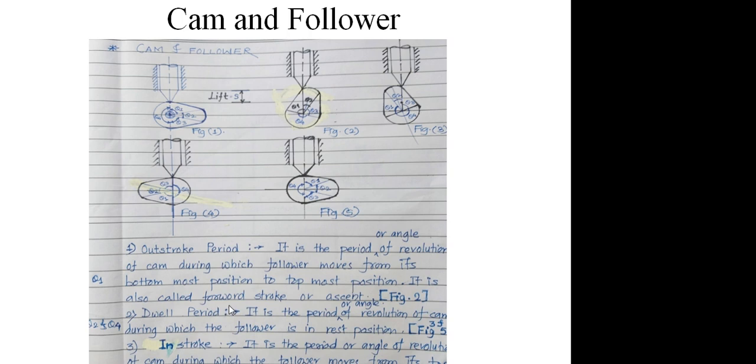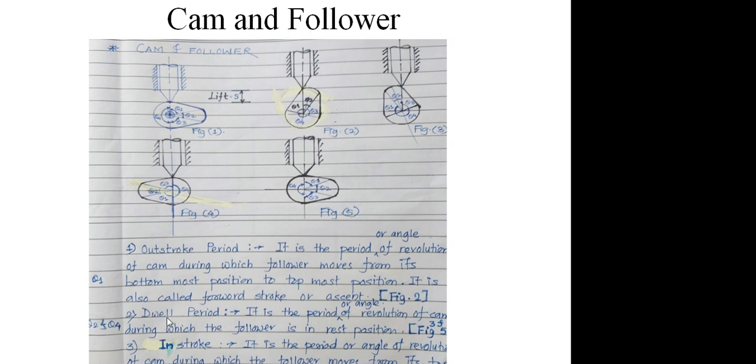It is also called the forward stroke or ascent of the follower. It is shown in figure 2. The follower moves from its bottommost position to topmost position when the cam rotated through an angle theta 1.